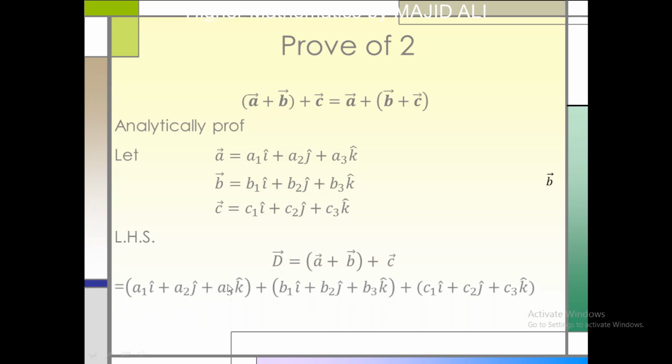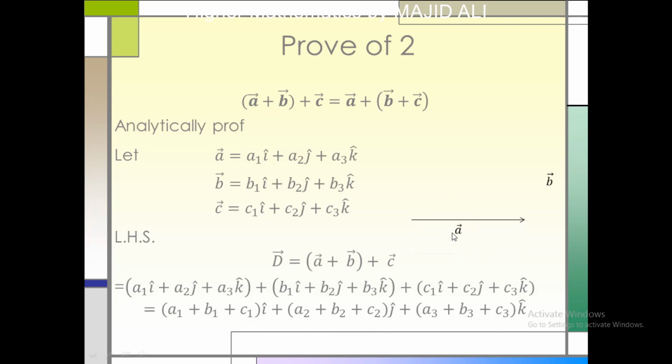Here is the value of a that we have considered, here is the value of b, and here is the value of c. And by rearranging that, all the first components are the coefficient of i, so we arrange here a1, b1 and c1 as the coefficient of i. The second components of all three vectors are the j coefficient, so we added here a2 plus b2 plus c2 j unit vector plus a3 plus b3 plus c3 k unit vector.